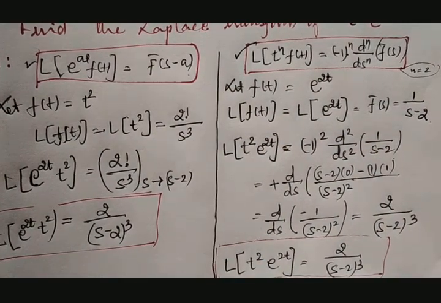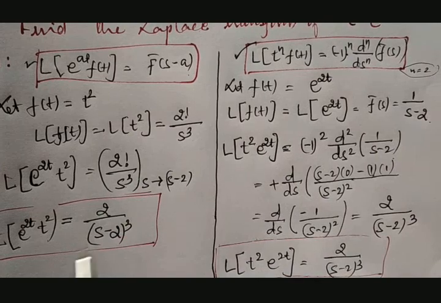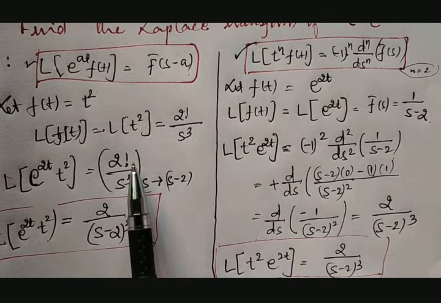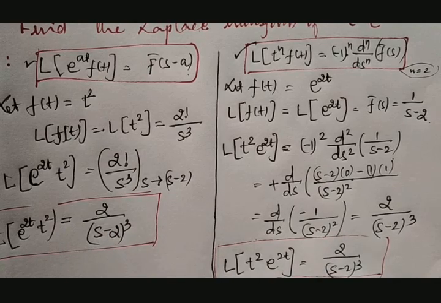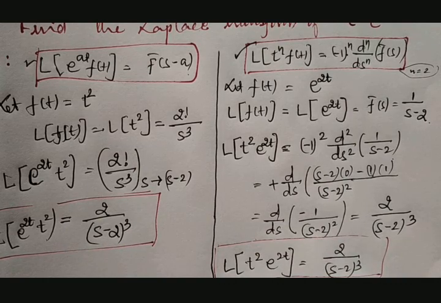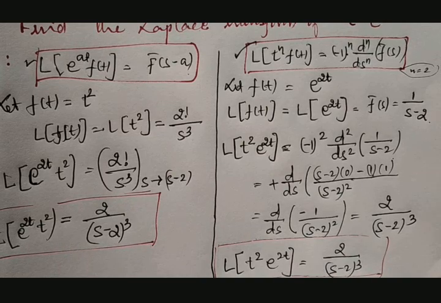But if you compare these two, I believe shifting property is the most convenient property rather than derivative property. If it is mandatory to apply derivative property, you can apply, but where there is a chance of applying both, then better you go with shifting property. This is my suggestion. Thank you.